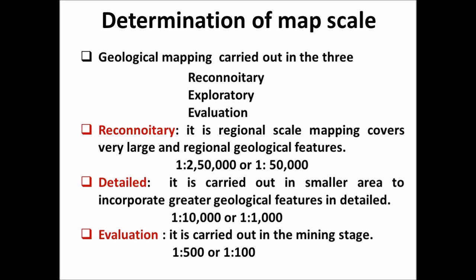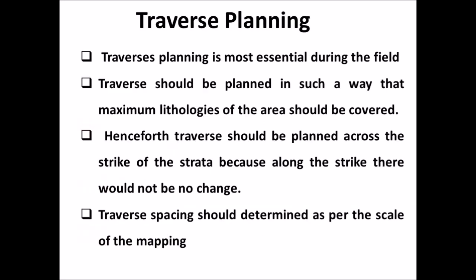And the last, evaluation mapping, is basically a mining stage where the exploration for extracting a particular ore or some other mineral of interest is carried out. For that the mapping has to be done. In that case the mapping is, say, 1 to 500 or 1 to 100 scale. So next is traverse planning.